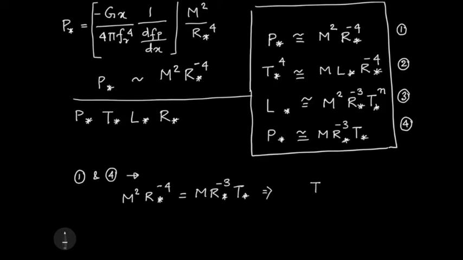This implies T star is 1 M here and M by R star essentially. So that is something new I get. This is equation 5. Looks much simpler.